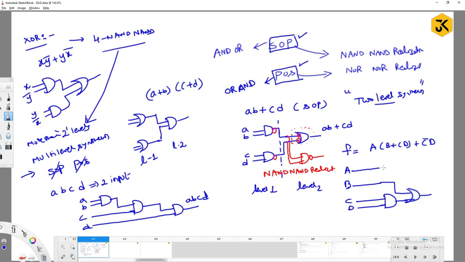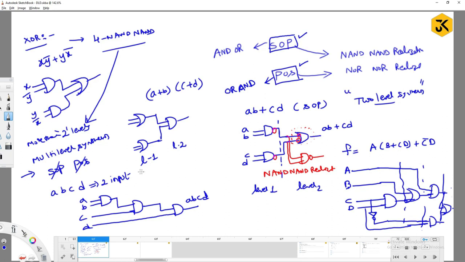For this next level you require an AND gate, meaning that level 3 is there. Now this output you need to combine with c bar d. This will be a complementation, and again a normal operation, and these two will go to the OR operation, right? So if you observe, this is level 1, level 2, level 3 and level 4. This is what I call multi-level synthesis, right?